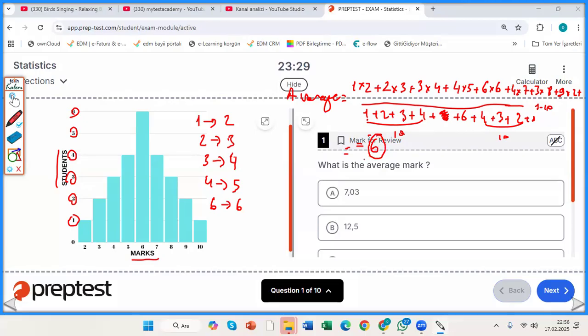After calculation, you are going to see that it is 6. Can you realize when you look at that graph, we can think that graph is a homogeneous graph.